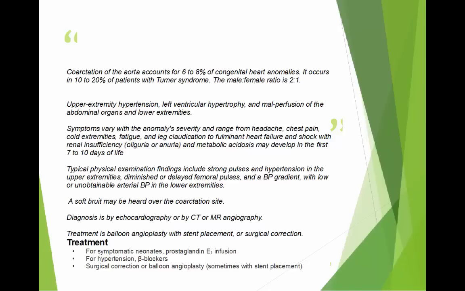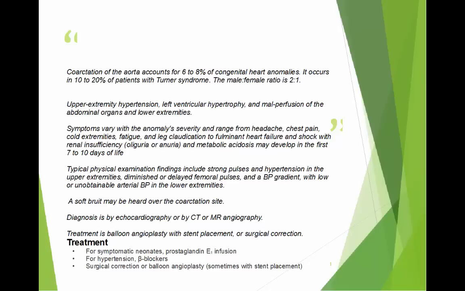Typical physical findings include strong pulses and hypertension in the upper extremities and diminished or delayed femoral pulses and a BP gradient decrease in the lower extremities. You could also hear a 2 to 3/6 systolic murmur that is best heard at the upper left sternal border that radiates to the axilla and sometimes most prominently in the left interscapular area.